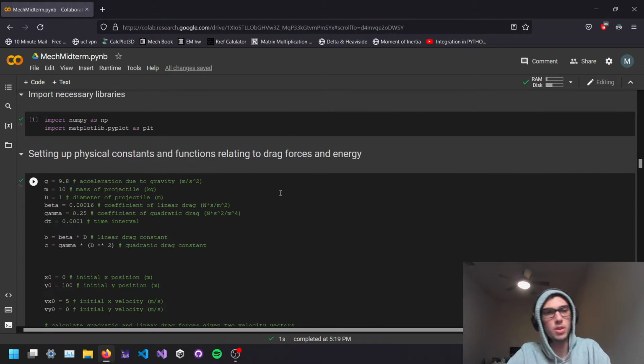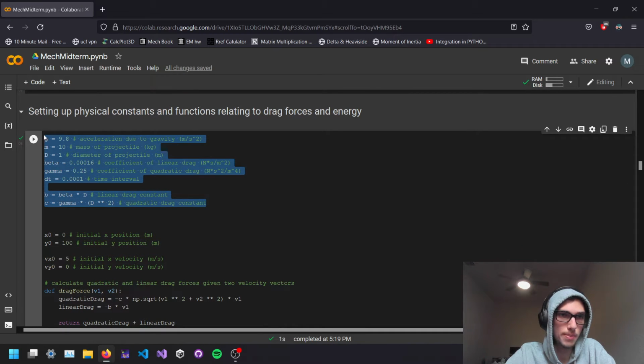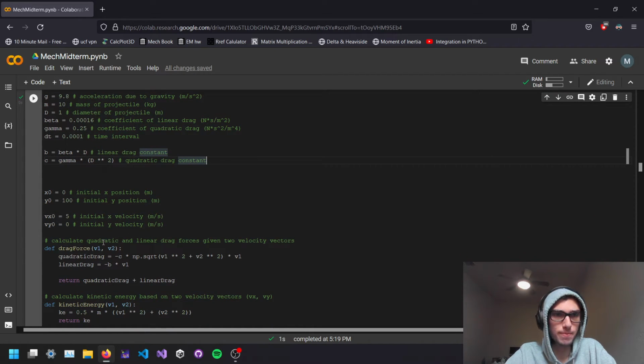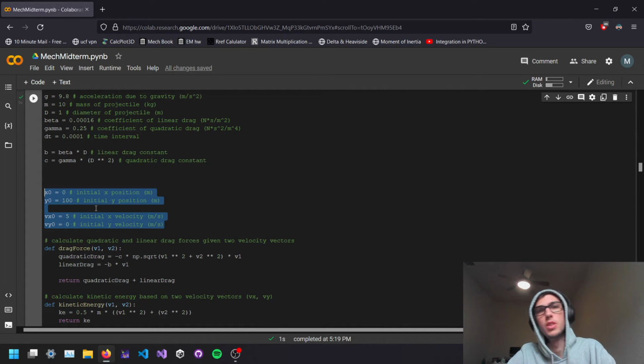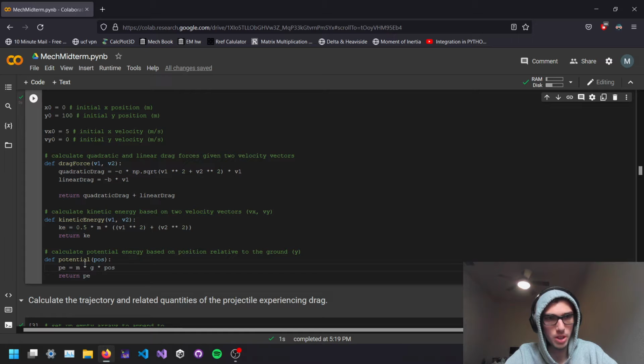So now we're going to move on to the numerical solution. So at the beginning, we need to define all of our constants, physical constants, and then we need to set up our initial values for x, y, dx, dy. And then these are my functions for force, kinetic energy, and potential energy.